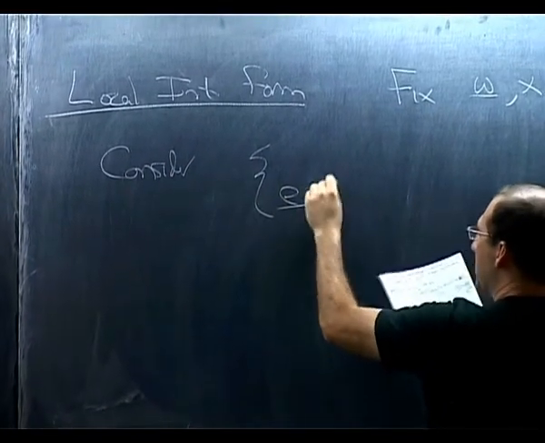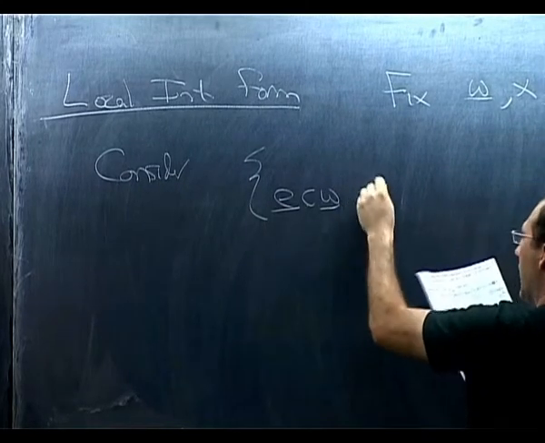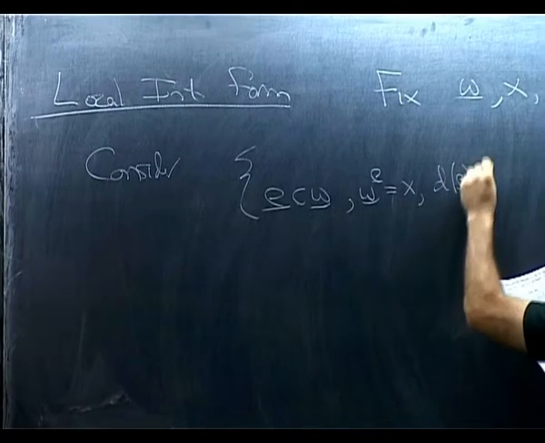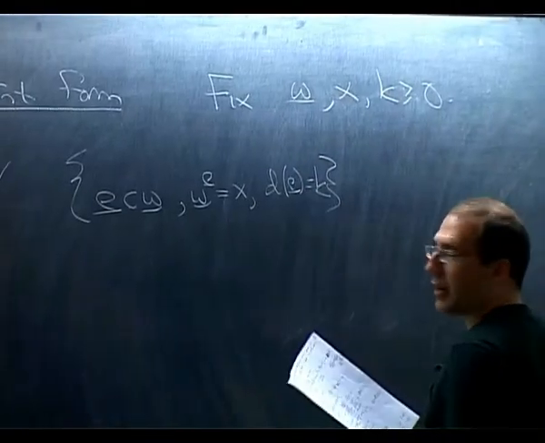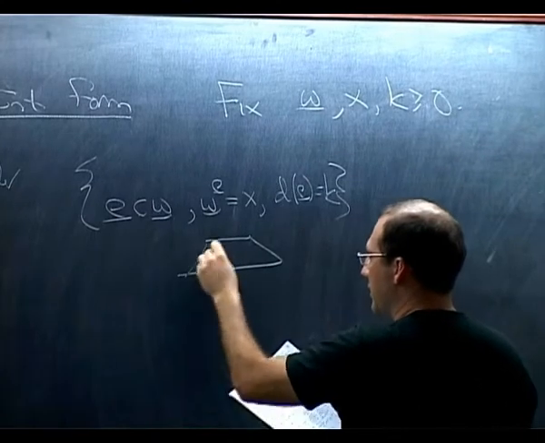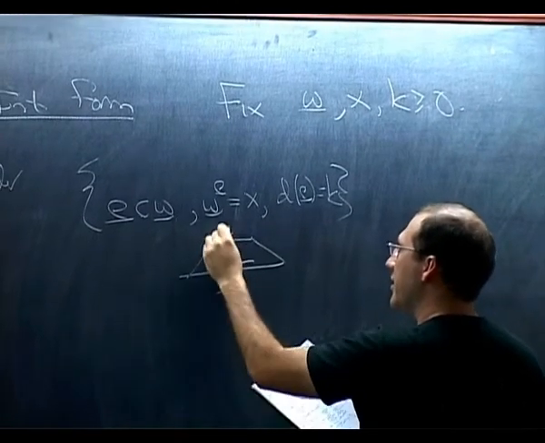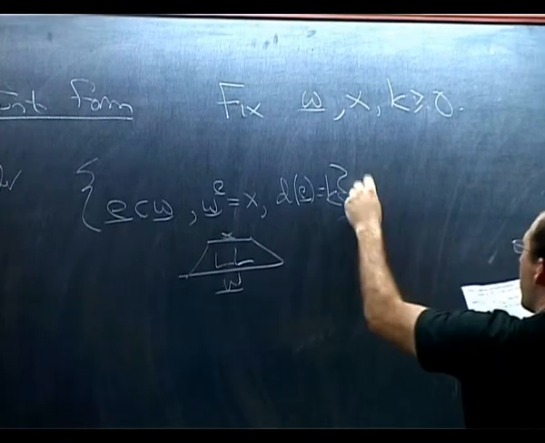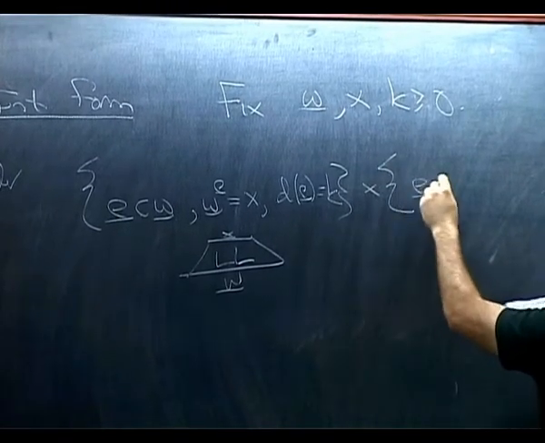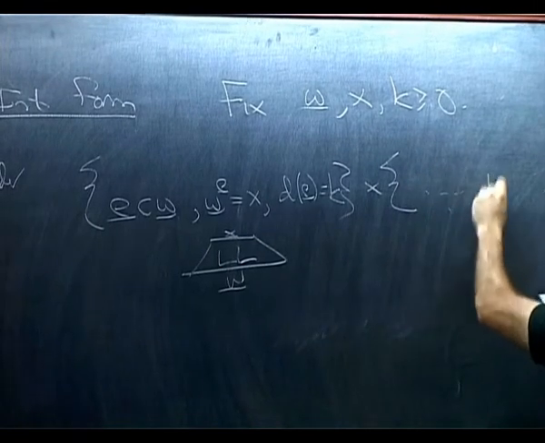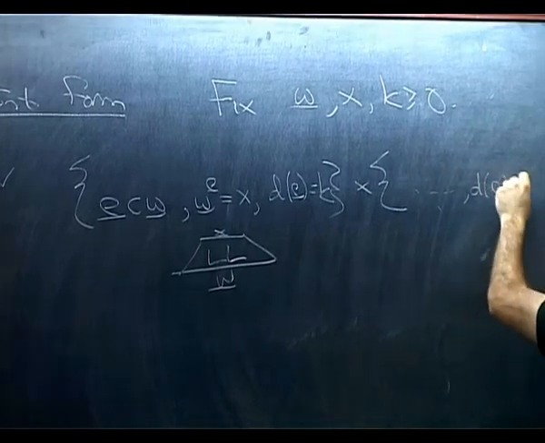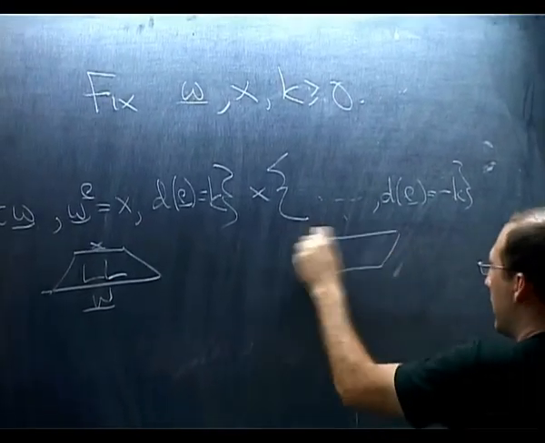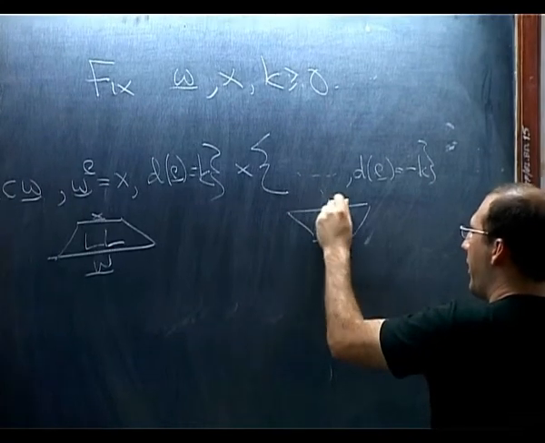We've got subexpressions in W for X with the defect being K. To these things we associate this light leaf map of degree K. Then we compare this with the same thing, except that the defect is minus K, and that will give us a map back.